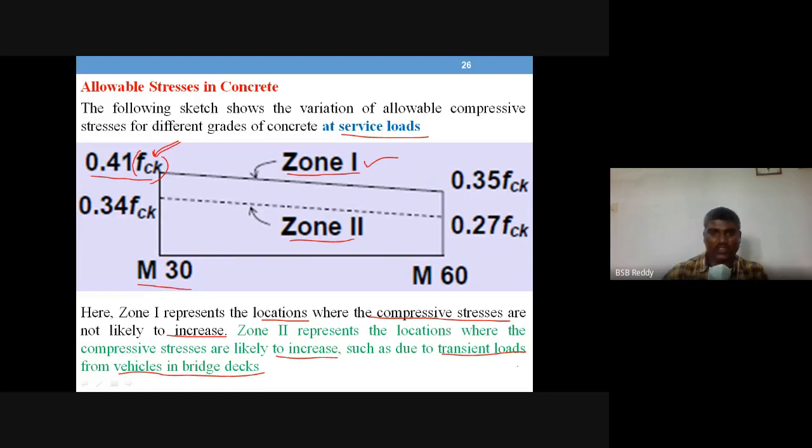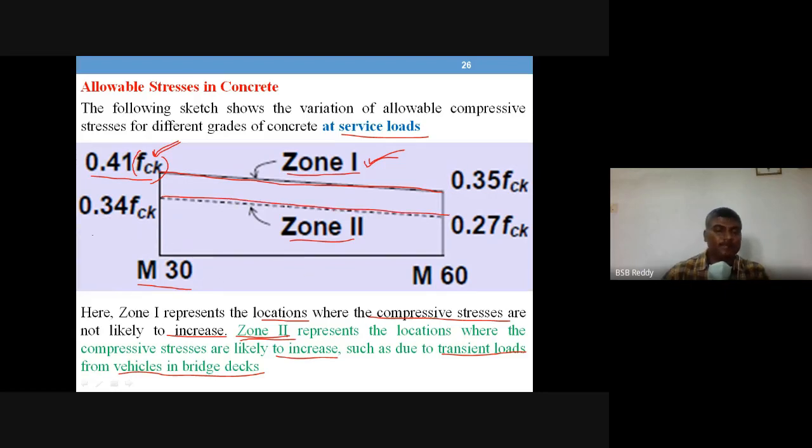For such vehicle loads on bridge decks, we go for zone 2. If it is a normal building structure, we use zone 1 values. If it is a bridge deck, we use zone 2 values.